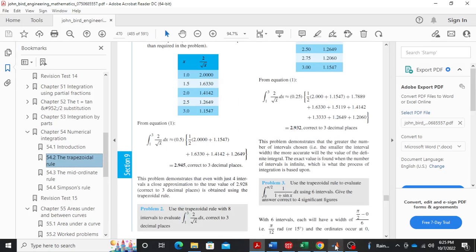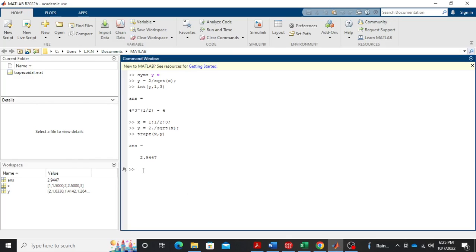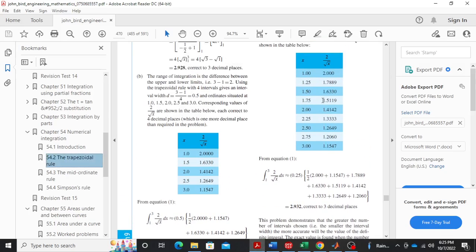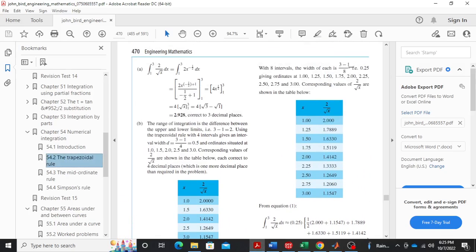So if we try to evaluate the integral using trapezoidal method with 8 intervals, we will have x equal to 1. This is the formula for width of interval with 8 intervals.